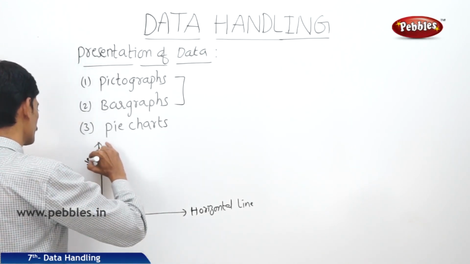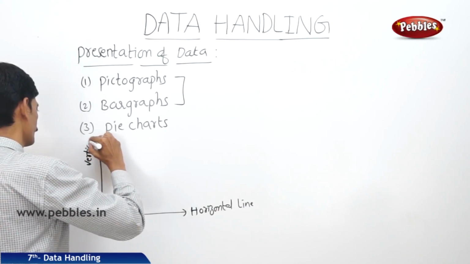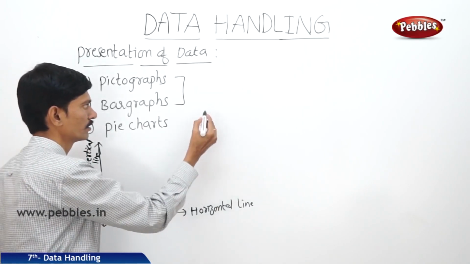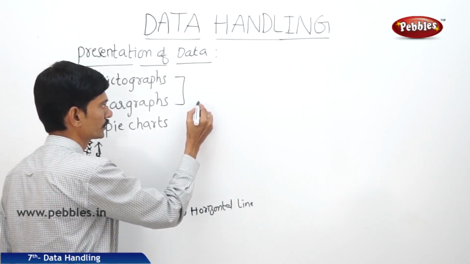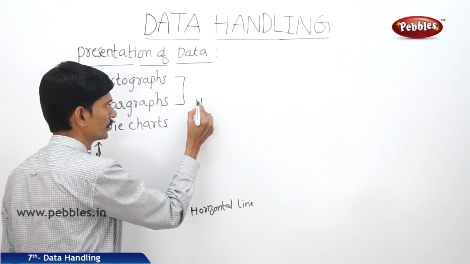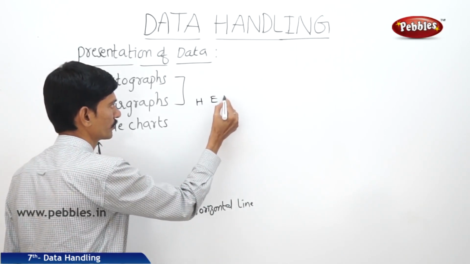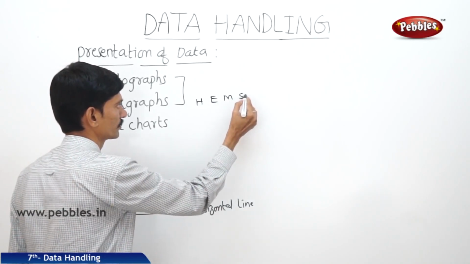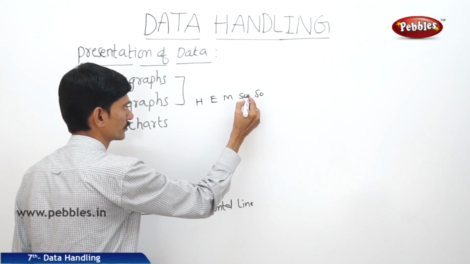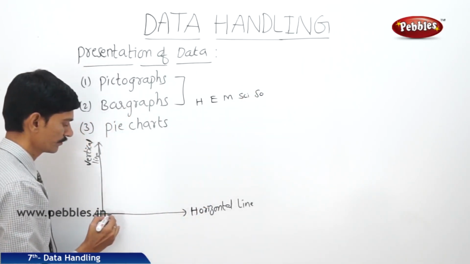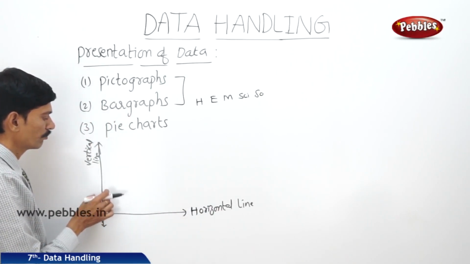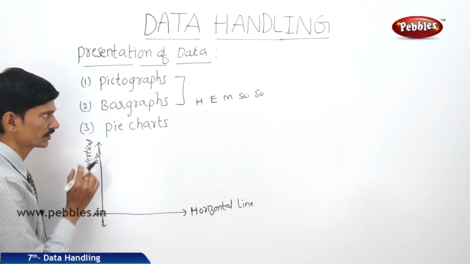So this is the vertical line. For example, if you want to show the marks of a particular student in different subjects like Hindi, English, maths, science and social, then we take the different subjects on the horizontal line and the marks of each subject on the vertical line.